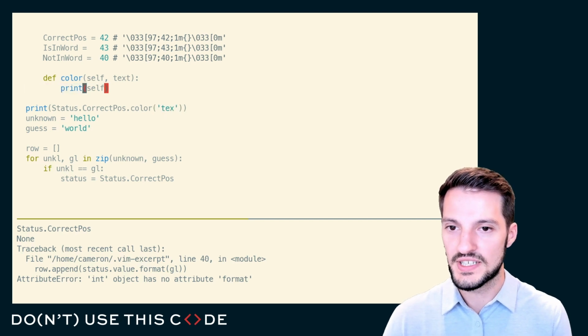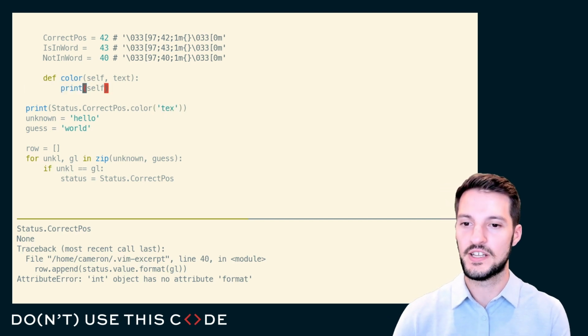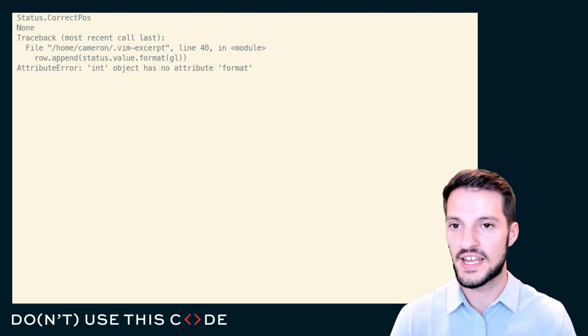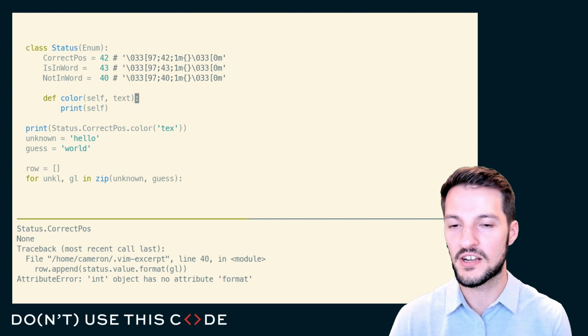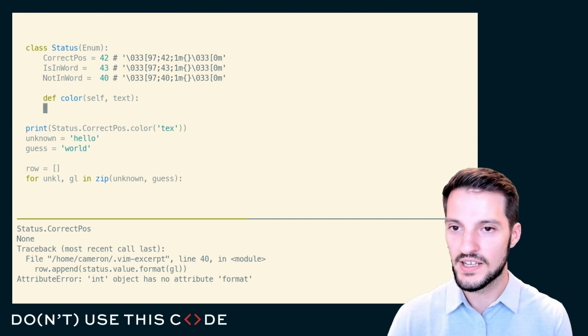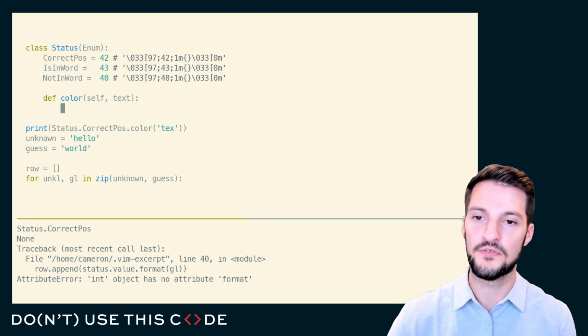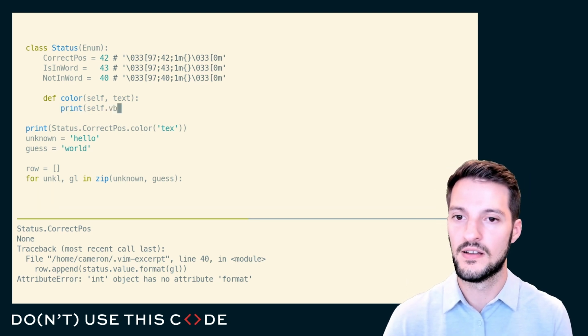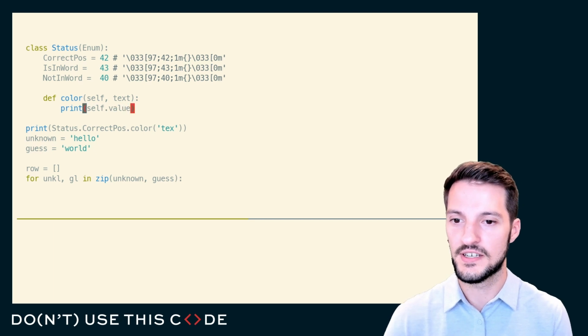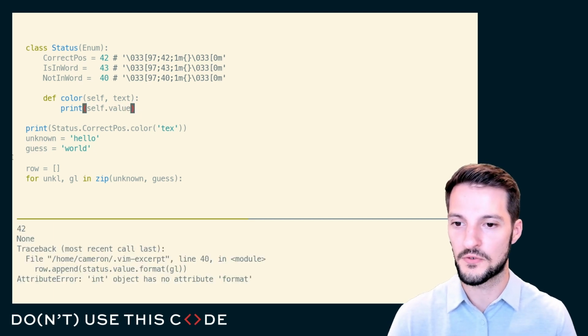And so we print self, and you see at the top here, status.correctPosition. This self refers to the member that called the method. And so what we can do, since correctPosition refers to the value 42, self.value, I can use this in a great way. You see 42 comes out.